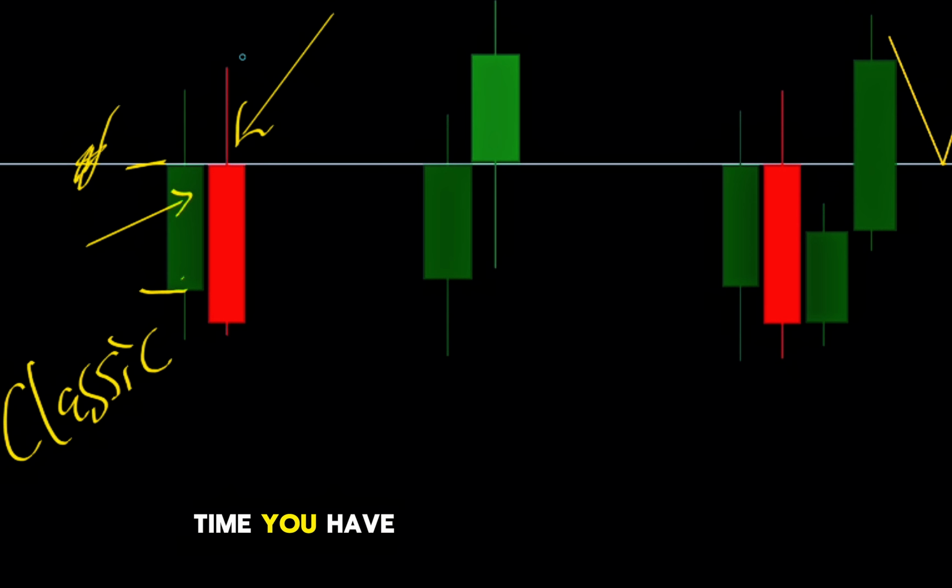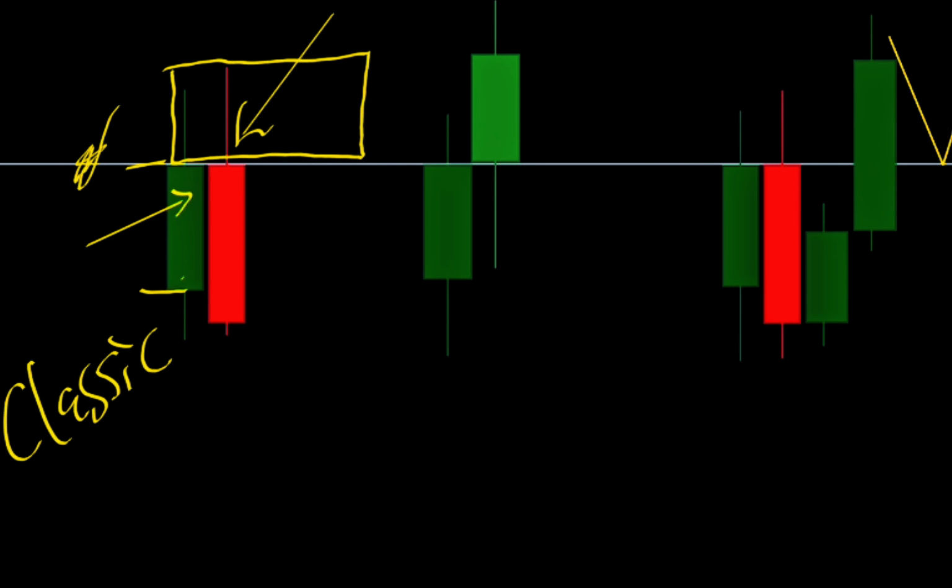Most of the time you have wicks that are left. Inside the wicks, there are still levels. We will come to that part, which is the precision level. In this video, let's just focus on the marking. You have to mark the level from here, but then the zone becomes the whole of this. You pick the highest high of the wick and cover the whole of that.